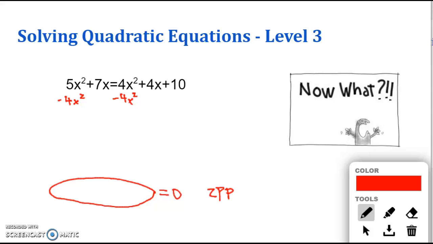This is plus 4x squared, so I subtract 4x squared from both sides, and that leaves me with x squared plus 7x on the left hand side is equal to 4x plus 10. Again, I want to bring all of this to the other side, so I can subtract 4x from both sides.